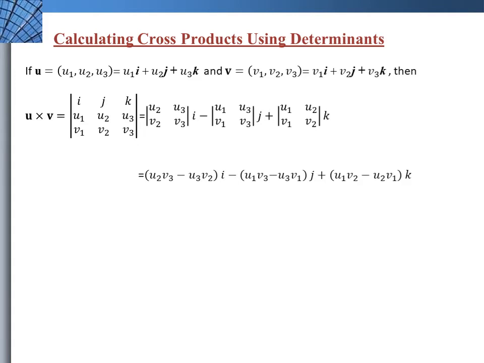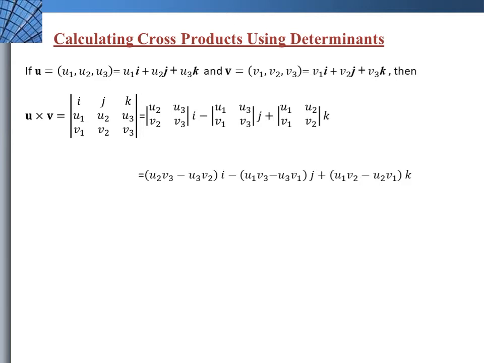Calculating the cross product by using the determinant: if u equals u1, u2, u3, that is u1 i plus u2 j plus u3 k, and v equals v1, v2, v3, or v1 i plus v2 j plus v3 k, then u cross v is equal to the determinant of i, j, k, u1, u2, u3, v1, v2, v3.